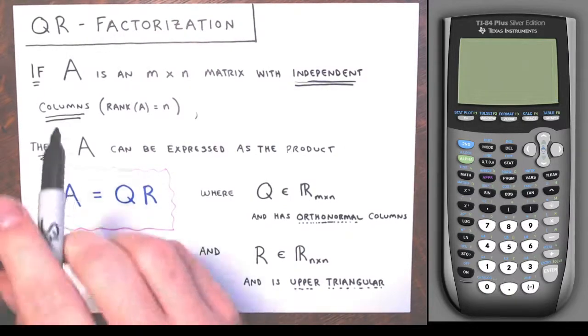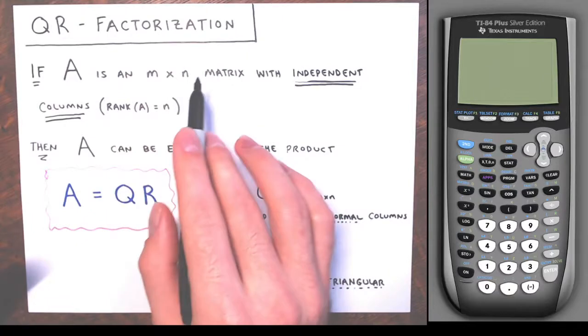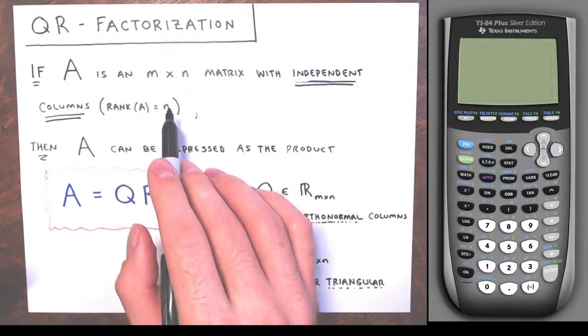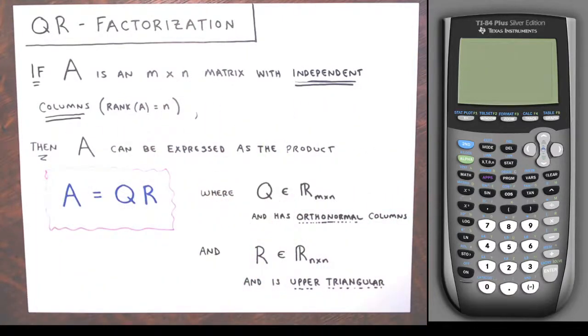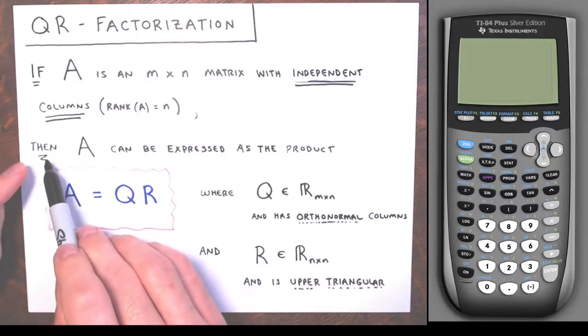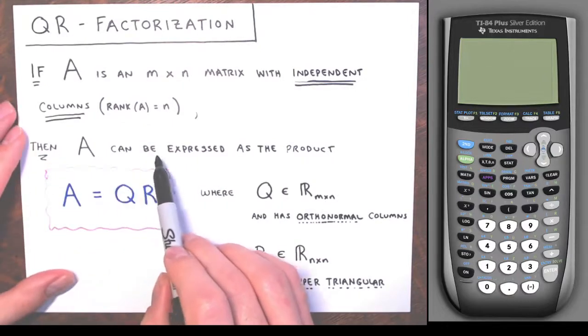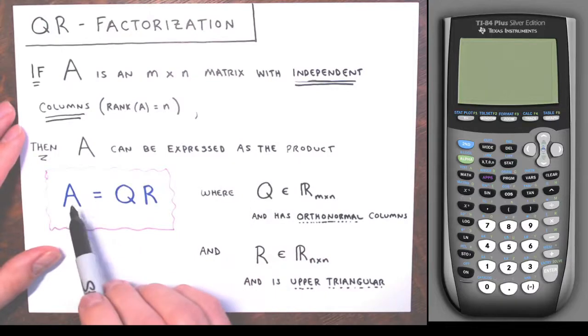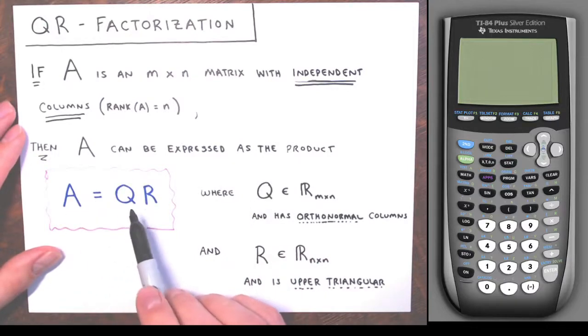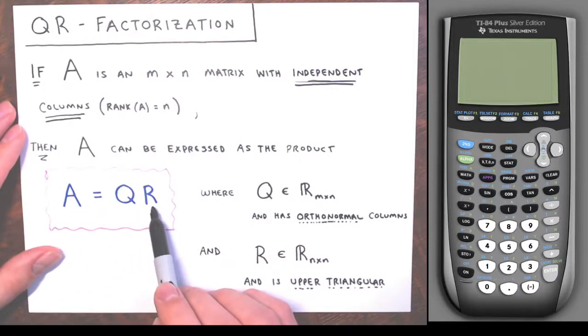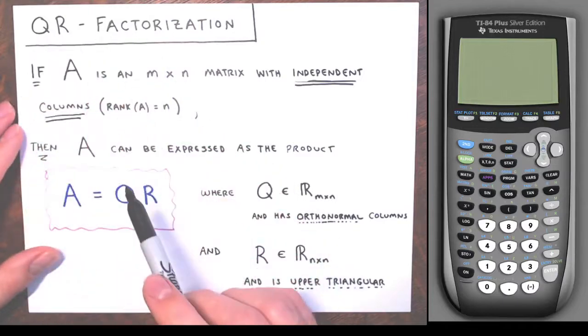So if A is an m by n matrix with rank n, with all independent columns, then A can be expressed as the product A equals Q times R. Thus the name QR factorization.